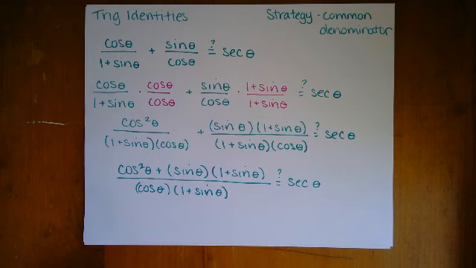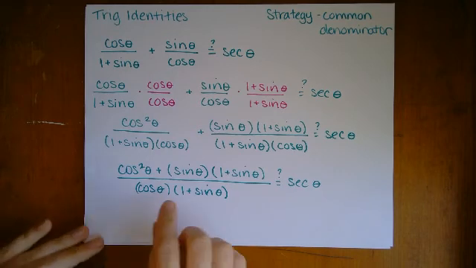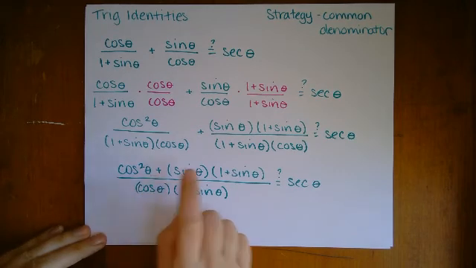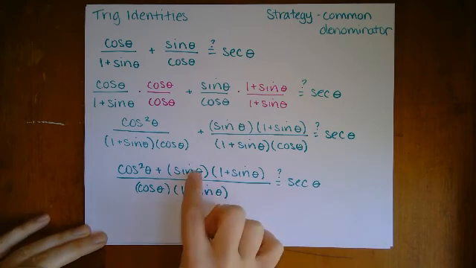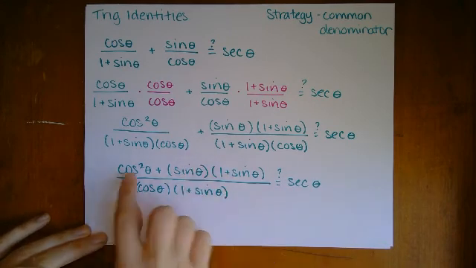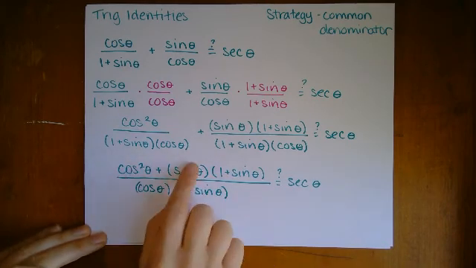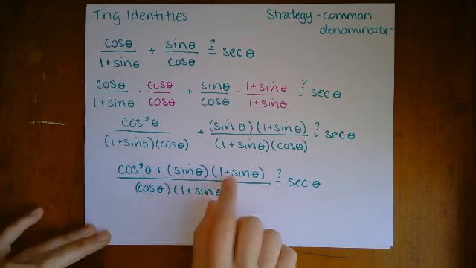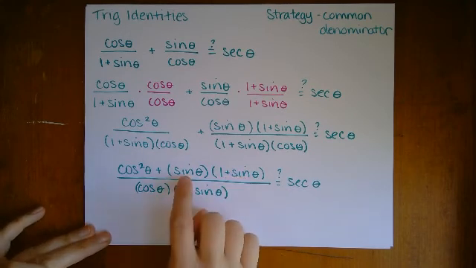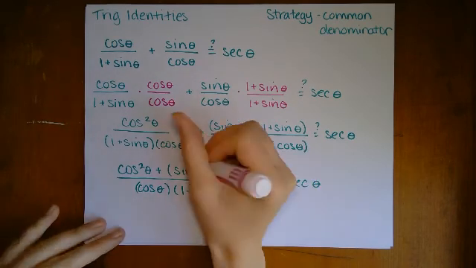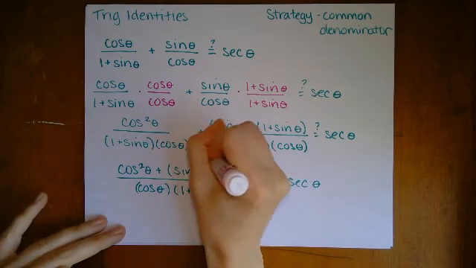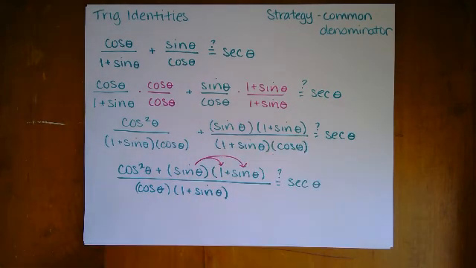Okay, so from here I want to simplify some things. So let's look up in the numerator. In the numerator, I have cosine squared theta plus sine theta times 1 plus sine theta. By order of operations, I should multiply these together before I can add anything. As you can see, this is a sum. So when I multiply a constant by a sum, I need to use the distributive property. So I'm going to have to distribute sine here.